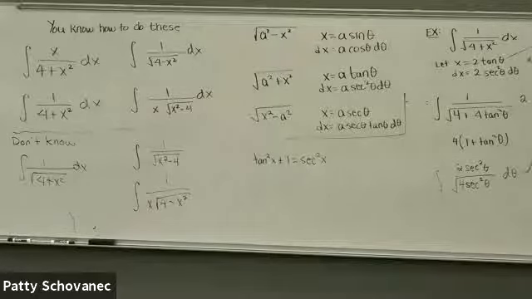Cosecant was 2 over x. Cotangent was the square root of 4 minus x squared. Okay. Yes.